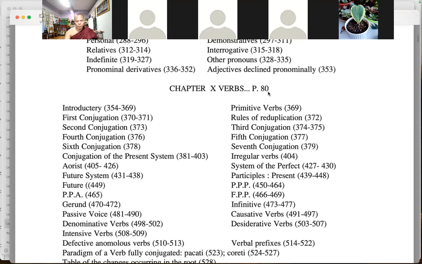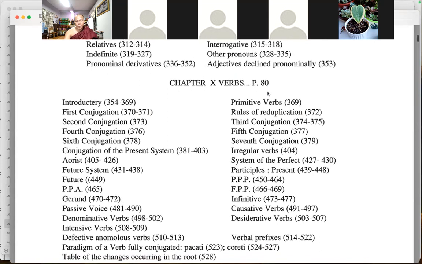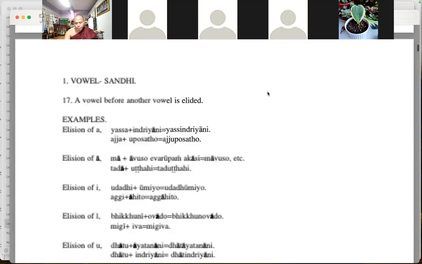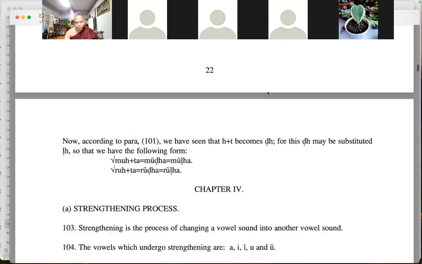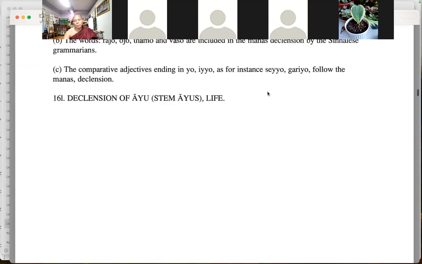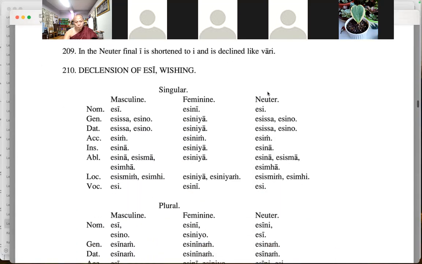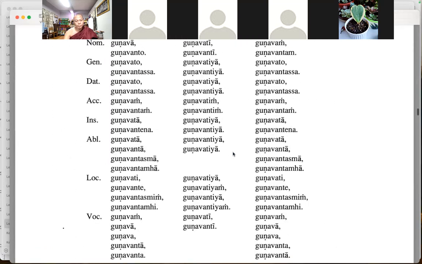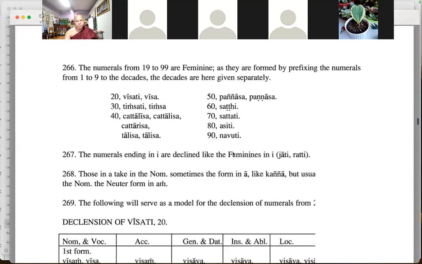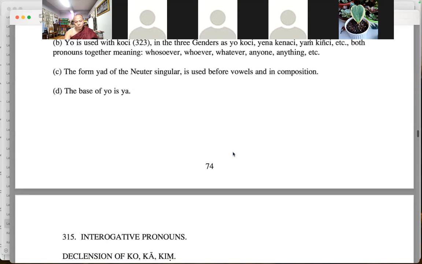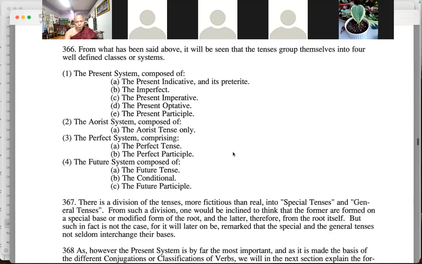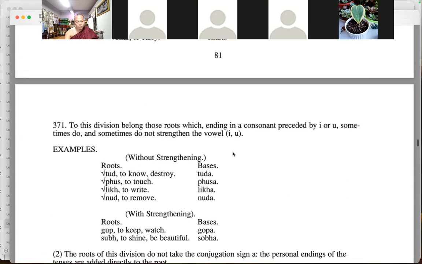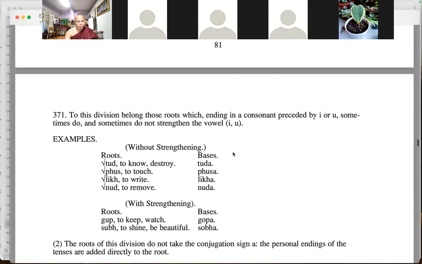So page number 18. So 15. So page number 81.